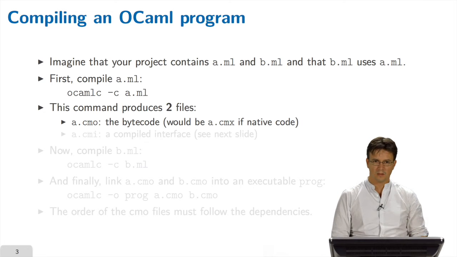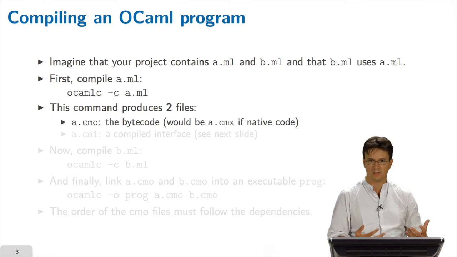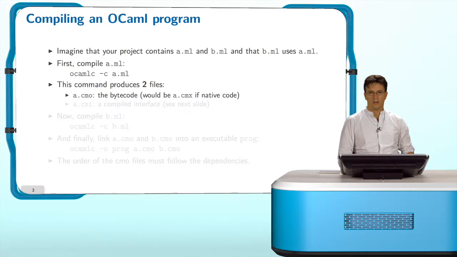In the case of ocamlc, it's just bytecode that can be interpreted by the virtual machine. If you had chosen ocamlopt, then you would produce a .cmx file, which will contain machine code.